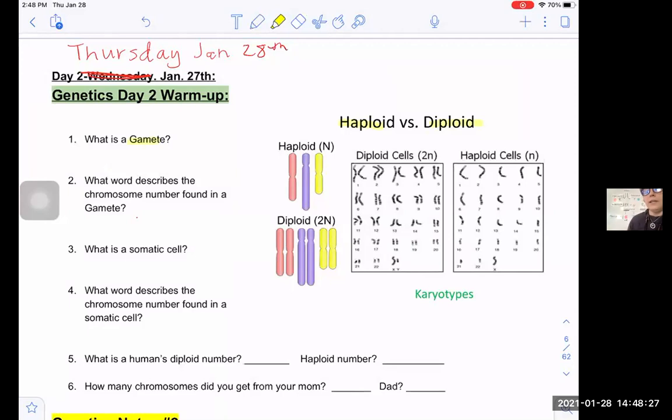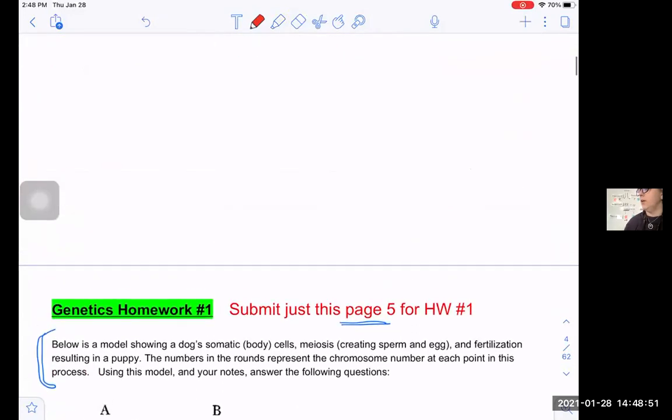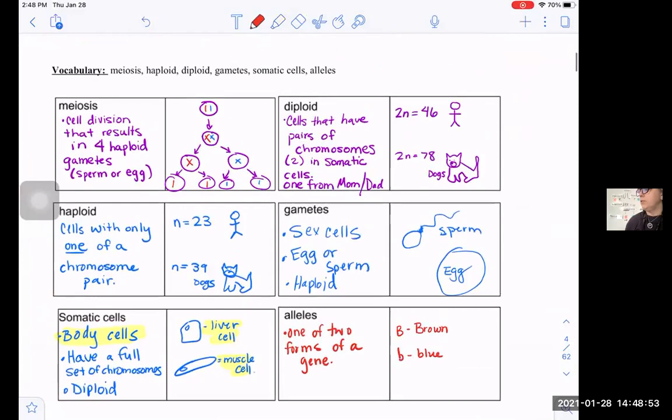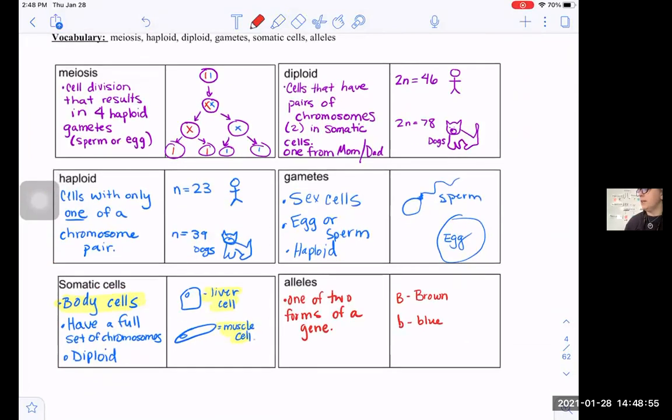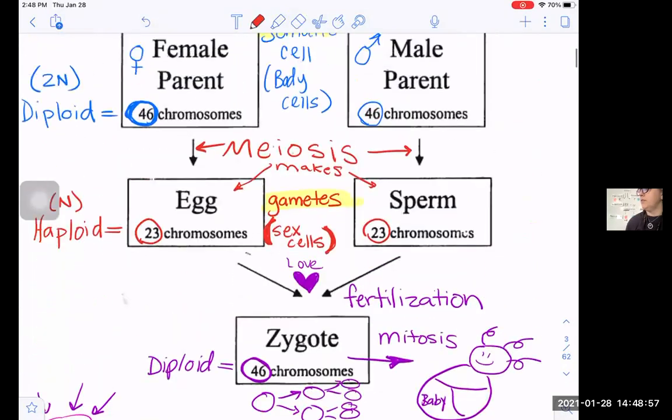So what is a gamete? If I asked you, let's say I was giving you a quiz right now, and I was asking you, what is a gamete? What would you answer? At this point, if you wanted to, you could scroll up to your notes from yesterday and go, I took some vocab notes on gametes. Ms. Klepper talked about them up here.